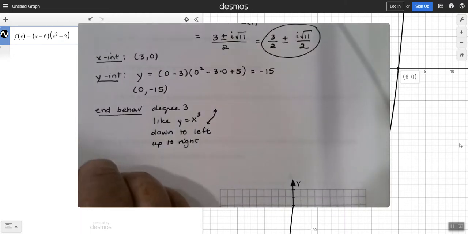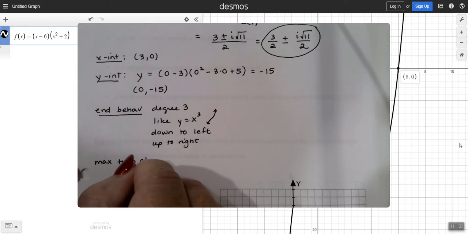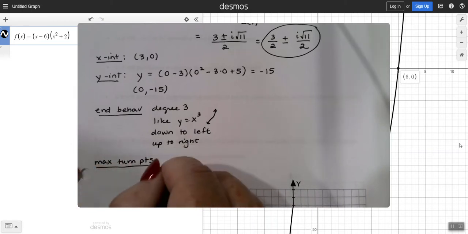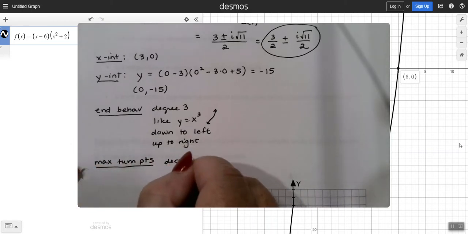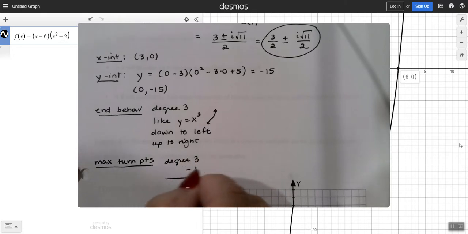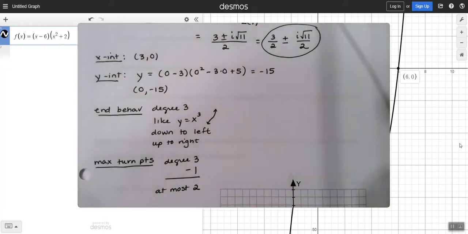And finally, the maximum number of turning points. Since the degree was 3, subtract 1, and that means we have at most 2 turning points. All right, so what do we know?